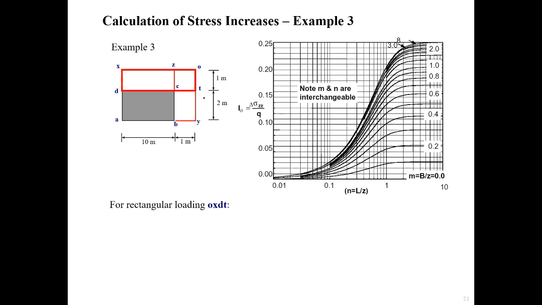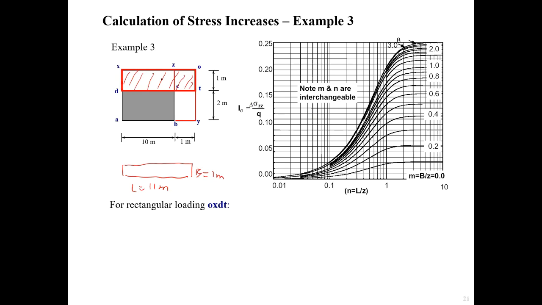Next, we calculate the stress increase for OXDT. This time L will be 11 meters and B equal to 1 meter. What we did is calculate the stress increase for this loading area, but in a real case it doesn't exist.